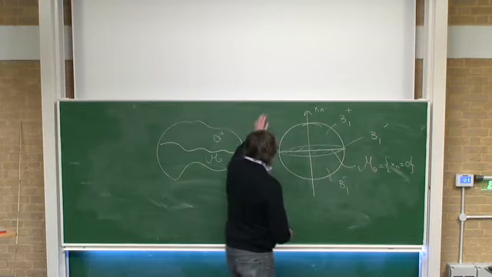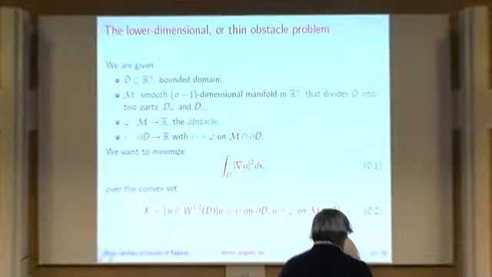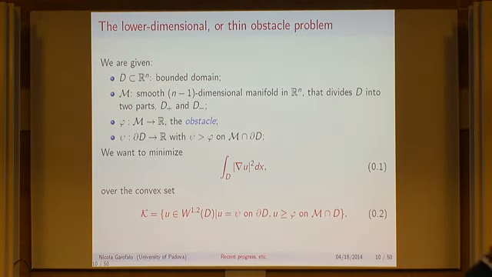This situation is hard enough already that it presents all the challenges of the problem. Again, we want to minimize the energy over the closed convex sets, taking source term 0.